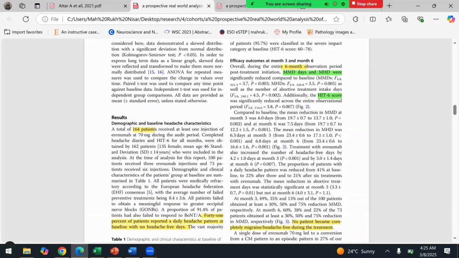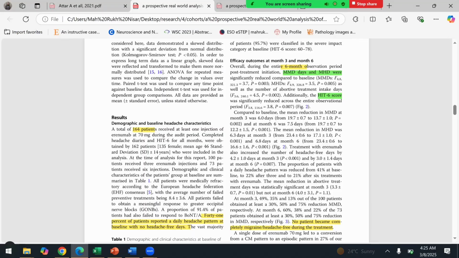And then you can find out the number of males by subtracting from 162. And then failed preventive treatments 8.4. So you would read all of these and you would make a table in which you would write number of patients and then intervention, dosage, outcome studied, and treatment failures, and then follow-up period.